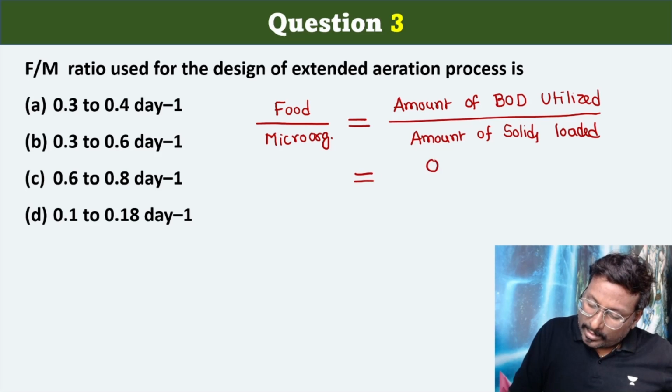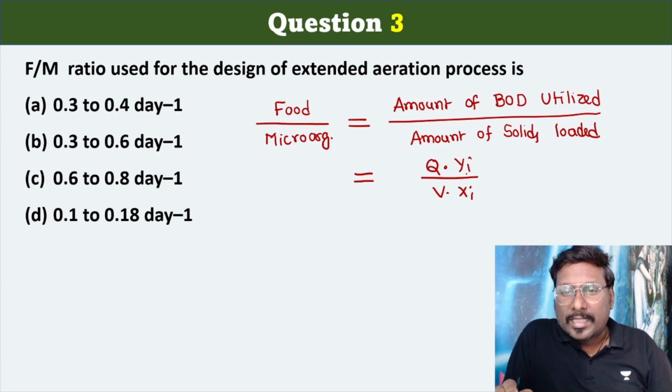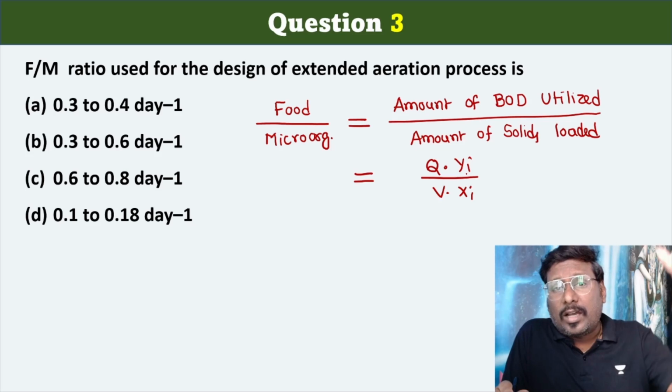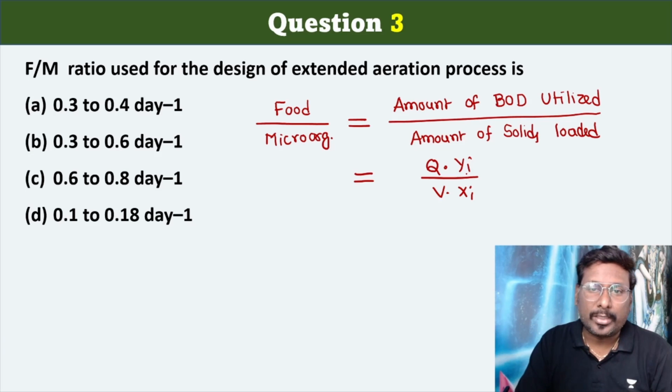Food to microorganism ratio, Q into Yi upon V into Xi. This is the formula. Amount of BOD utilized by microbe, food taken by microbe. Amount of solids loaded, how much solids food you have given. That is the F by M ratio.